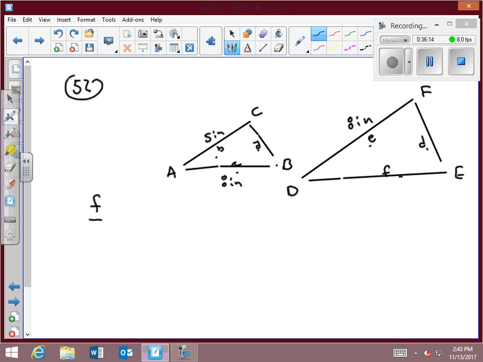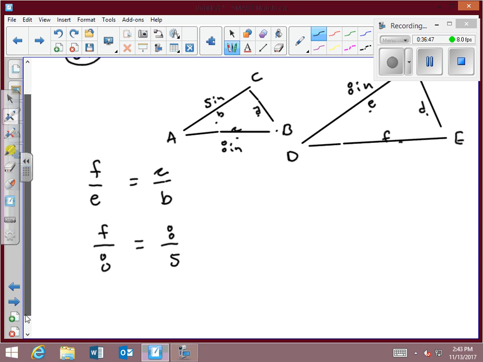F is to E as C is to B. That makes sense? That's the proportional size. So you don't know F, but you know E is 8. You know C is 8. And you know B is 5. So that's your ratio and proportion. And then you just solve for F.